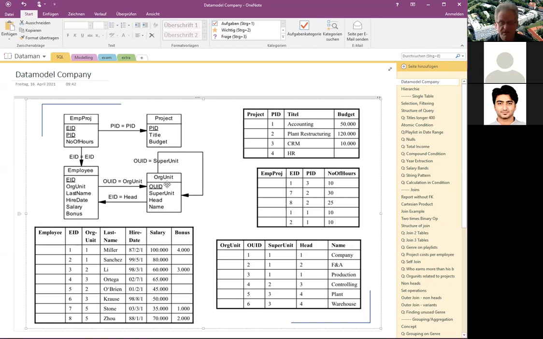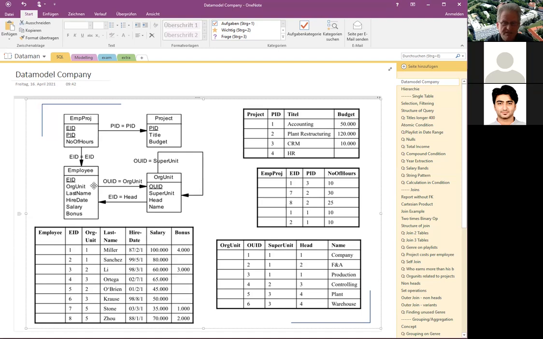For example, Miller and Sanchez are both related to org unit number 1. And Ortega and Krause here are also related to org unit 3. That means for each org unit, there could be many employees related to it. That, of course, makes perfect sense, to have many employees within an organizational unit.